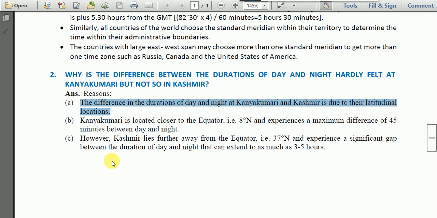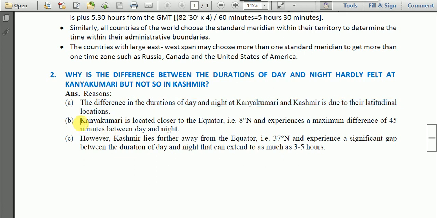And if we move away from the equator towards the pole, the difference between the duration of daytime and nighttime will increase. At the equator, the daytime equals the nighttime. But if you move away from the equator towards the poles, then the difference in the duration of day and the night will increase. So this is point number one.